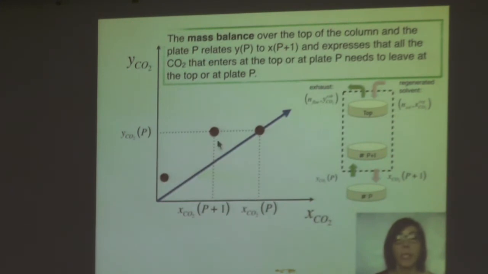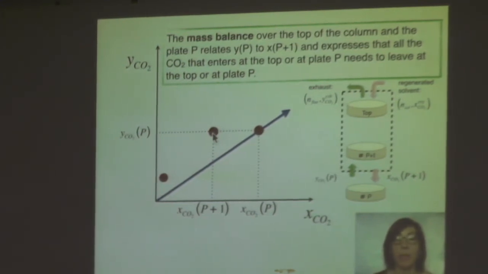So we have another point to add to our graph here, and this came from the mass balance, and expresses that all of the carbon dioxide that enters at the top of the column must leave at the top of the column. So this relates the vapor phase mole fraction on plate P to the liquid phase mole fraction on plate P+1.